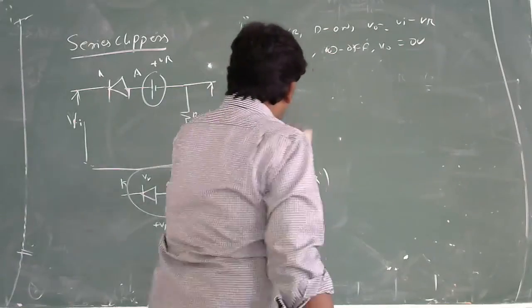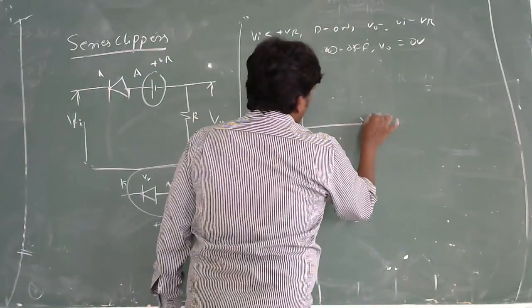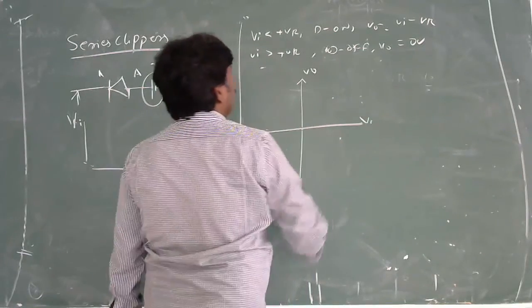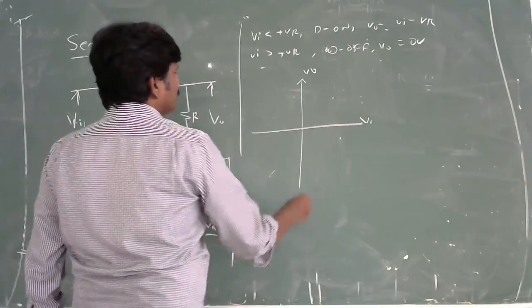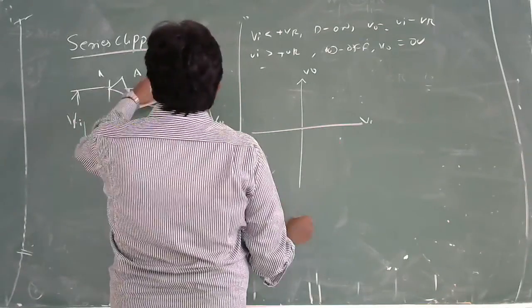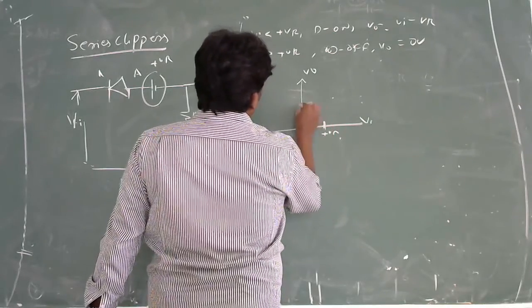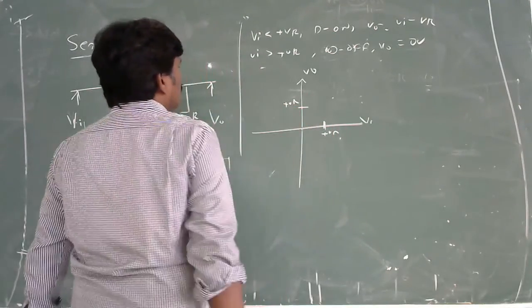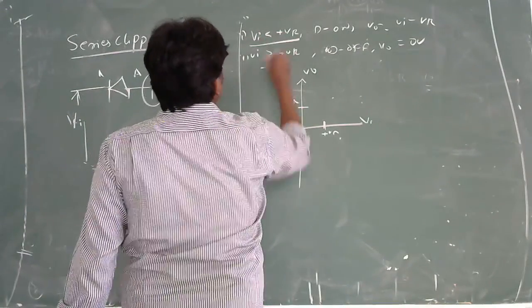The transfer characteristics of this diode have to be observed. Here we have VI, we have V naught. Then we consider V gamma, and the positive VR. The first condition is when VI is less than VR.